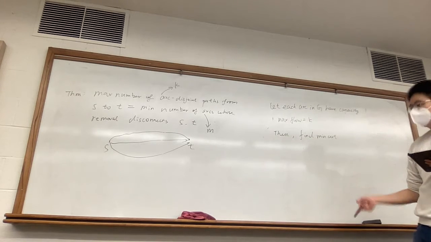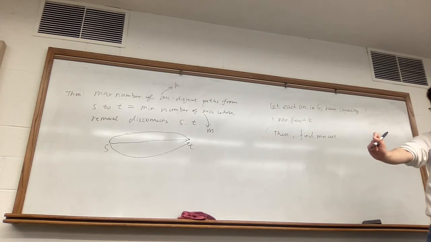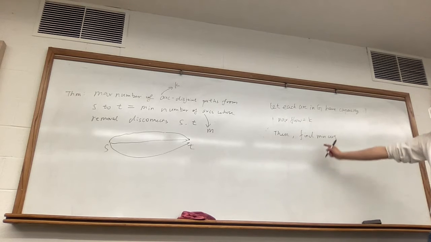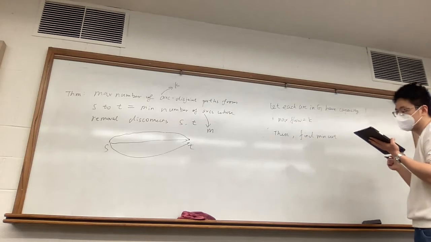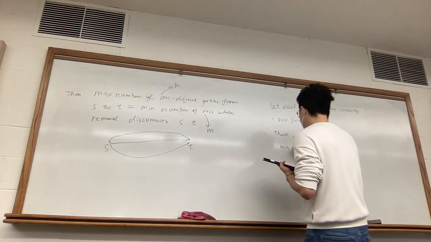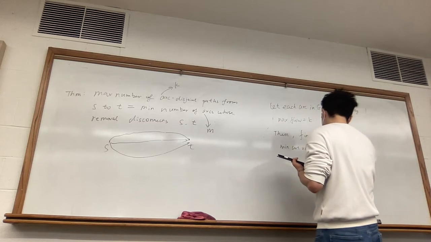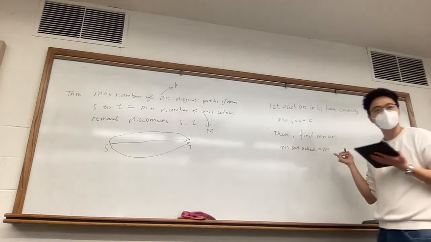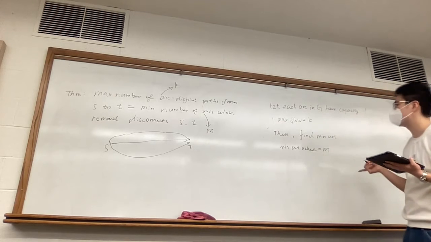Once you get a max flow, you construct the residual network and do BFS from your source node S, then you can find the min S-T cut. And I claim that the min cut value is equal to M. This is also very straightforward, right?